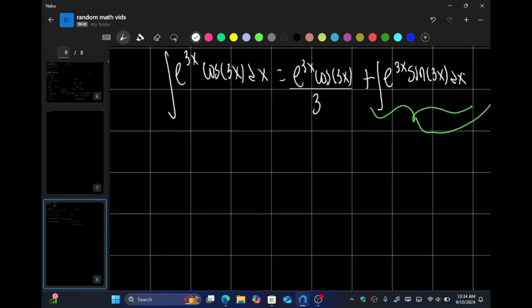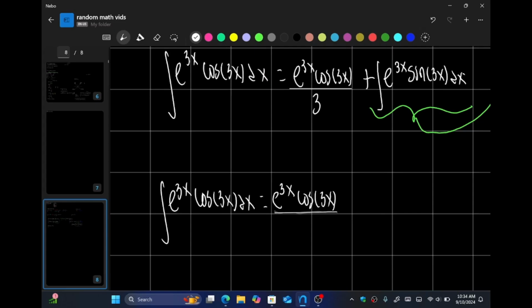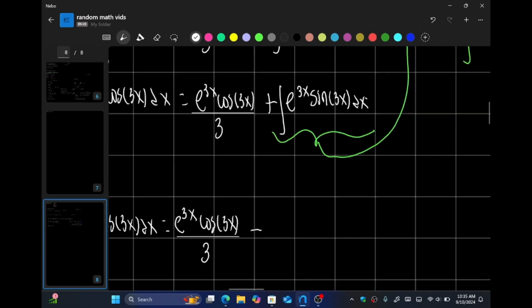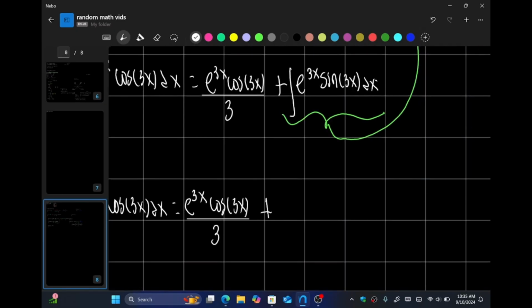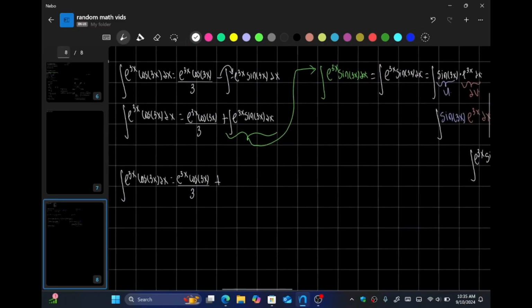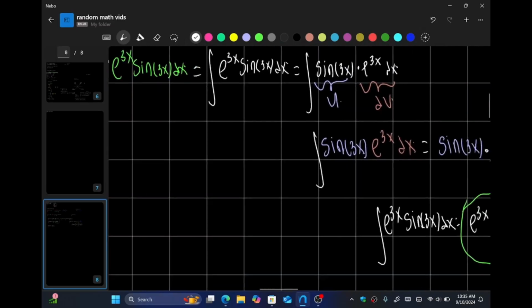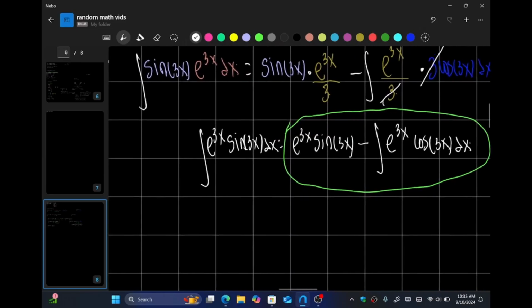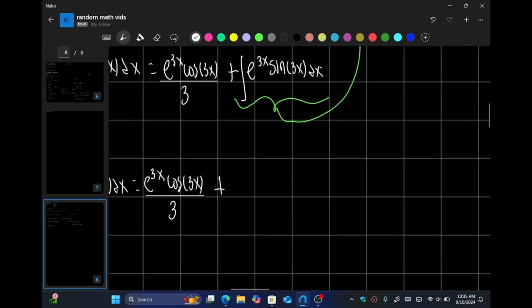So therefore, the integral of e to the 3x cosine of 3x dx is equal to e to the 3x cosine of 3x over 3 minus, I'm sorry, plus, excuse me, plus the integral of e to the 3x sine of 3x, which we just said was e to the 3x sine of 3x, so let's put this in.